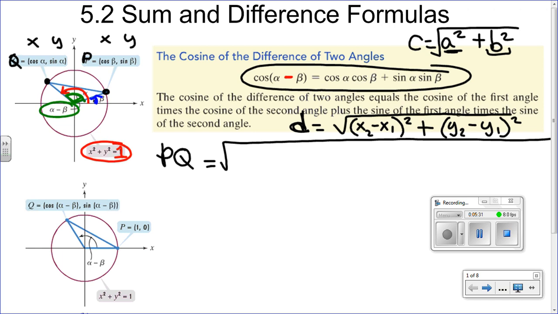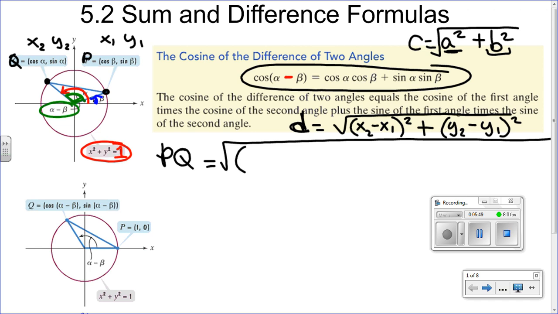Okay. So now we're going to say that this will be x sub 2, y sub 2. This is x sub 1, y sub 1. So instead of writing x sub 2, x sub 1, I'm going to replace with the cosine expressions.